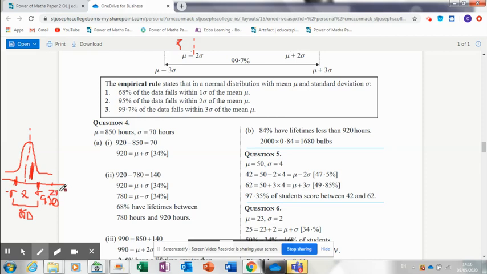Plus or minus 2 standard deviations will be your 95%. So remember, 95% divided by 2. Remember that again, all of this here is 50%.